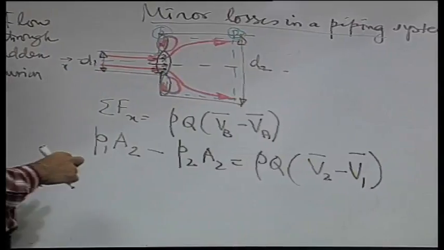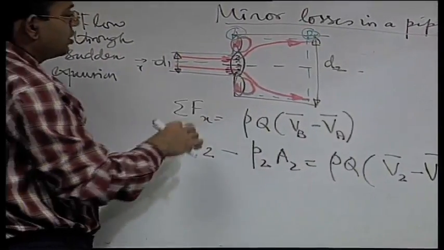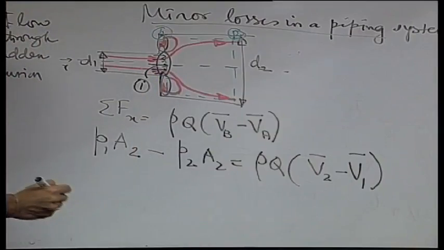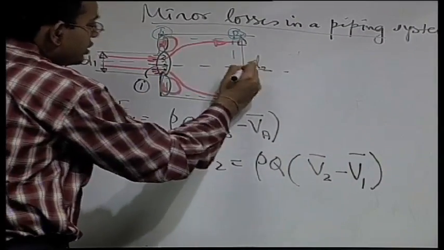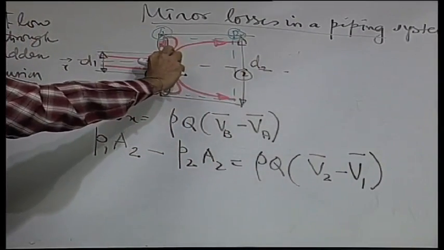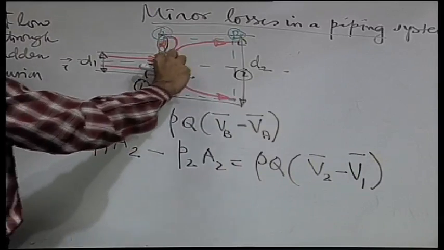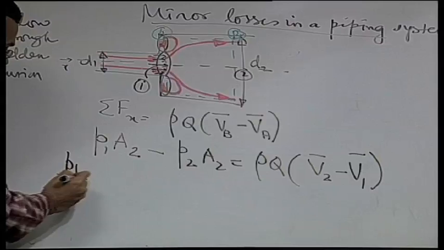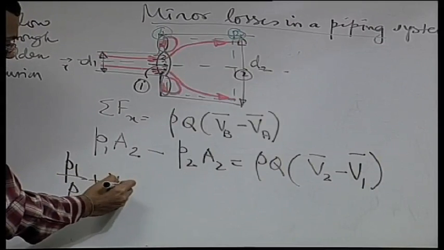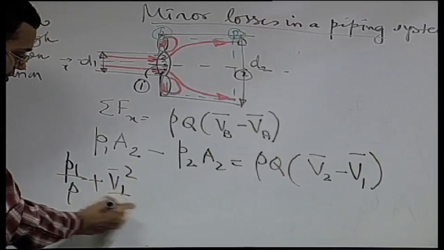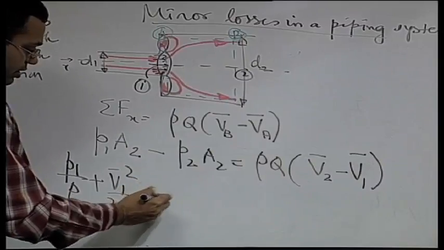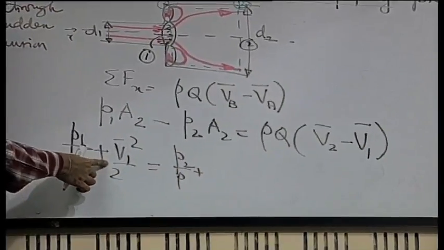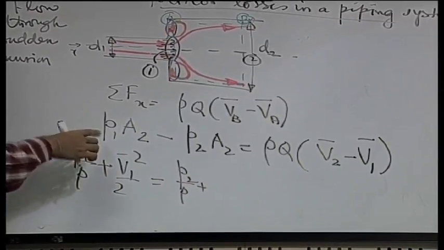Number two: practically you are considering this as section 1 and this as section 2. Section 1 is this small part. If you now write the energy equation, you can write P1 by rho plus V1 average square by 2 is equal to P2 by rho plus V2 square by 2 plus head loss. The kinetic energy correction factor we are not considering because we are assuming it is close to 1.